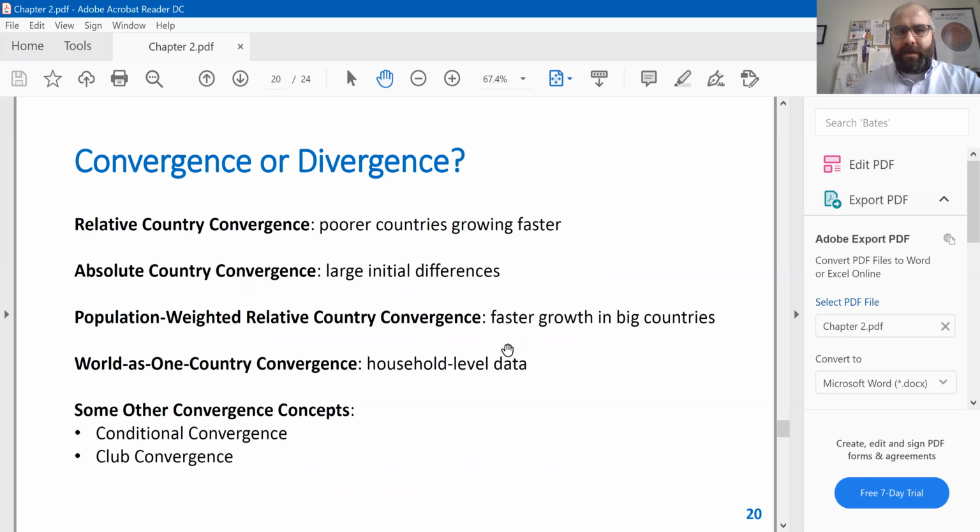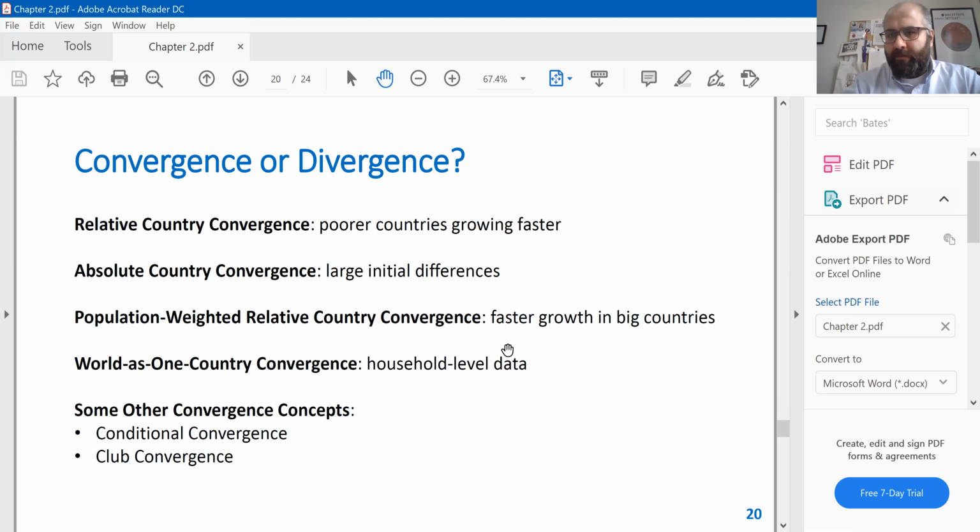All right. So here then we can compare some different concepts again. So one is again relative country convergence, which basically means poorer countries growing faster. Okay, and we see that there is conditional convergence in that regard. In terms of absolute country convergence, we see very large initial differences, and we look at basically the variance of income levels.